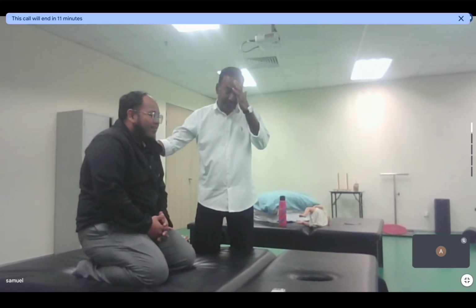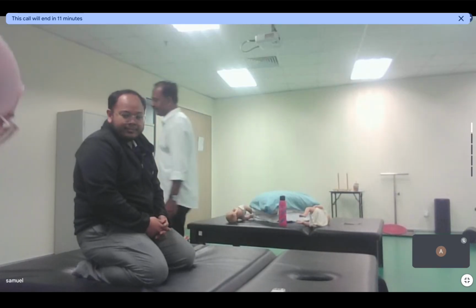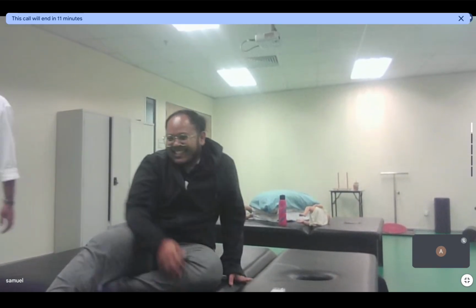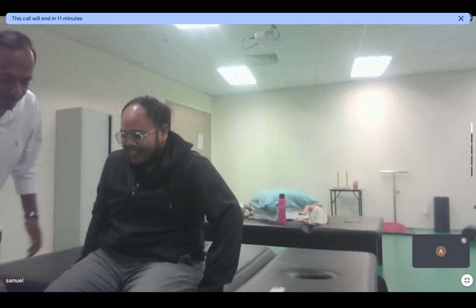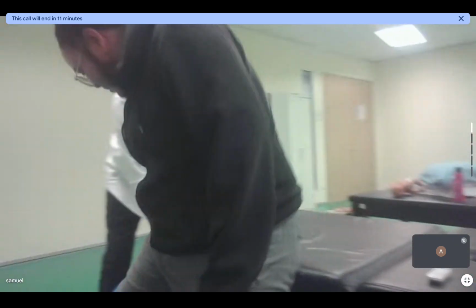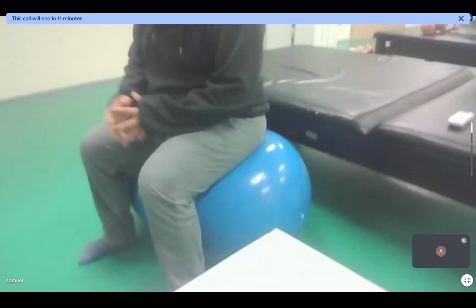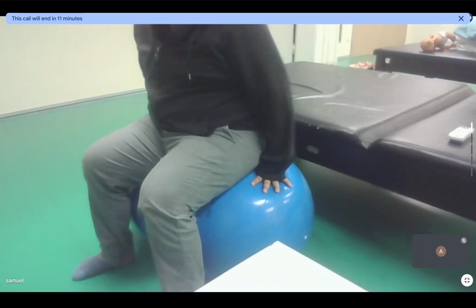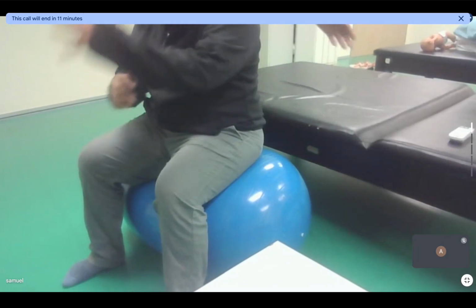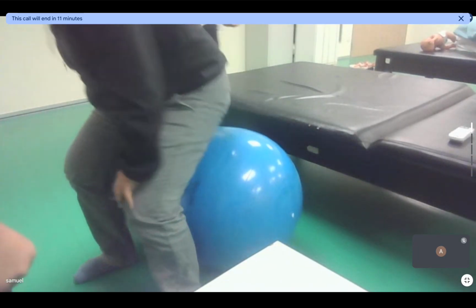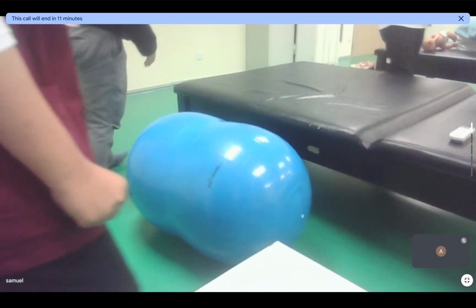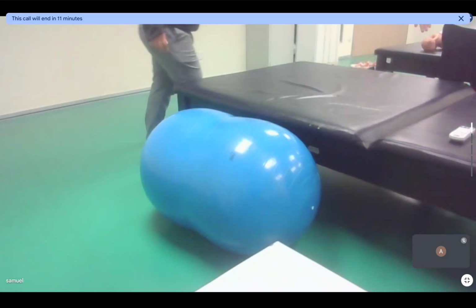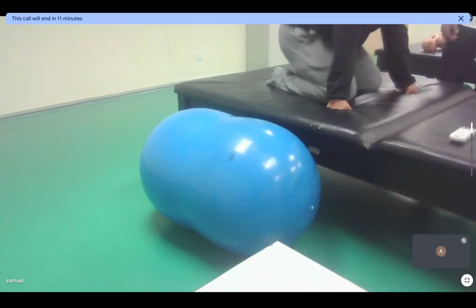Okay, so then get the physio ball. Sit here, gentlemen. And please remember, if you want to develop equilibrium and correction reactions, this is important for those who are working in a hospital or clinic.